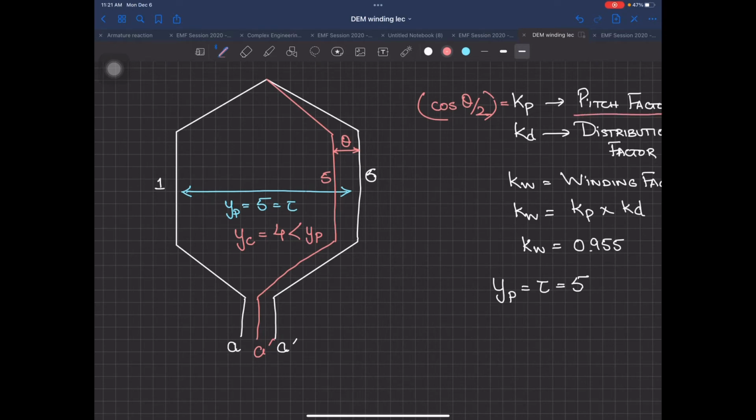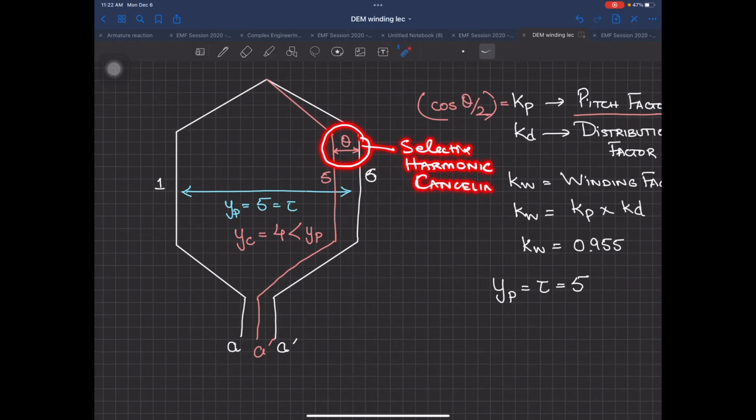Now if this theta is equal to 0, certainly cos of 0 is equal to 1, so Kp becomes equal to 1. But the advantage of this theta is that you can have some selective harmonic cancelling due to this pitch factor.